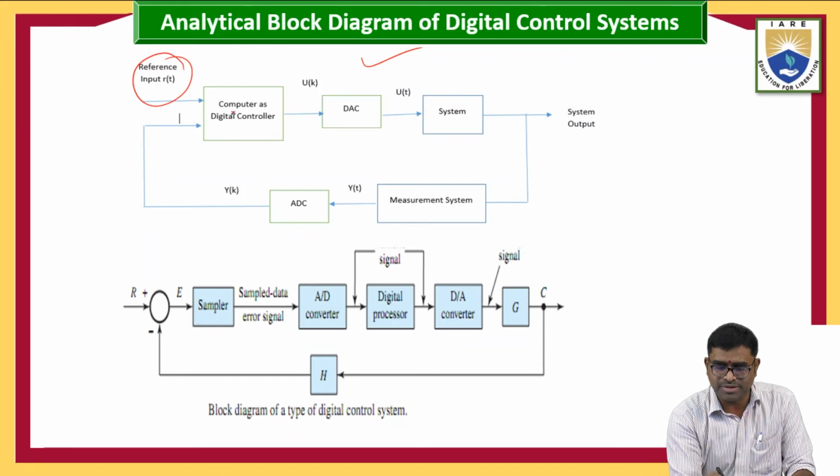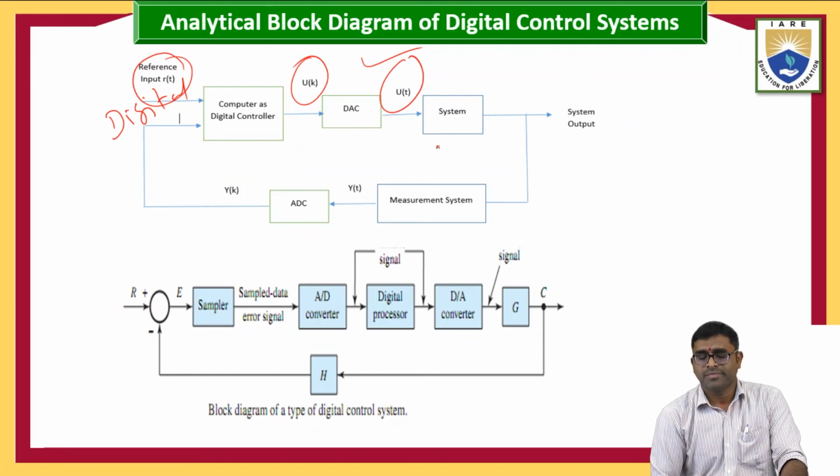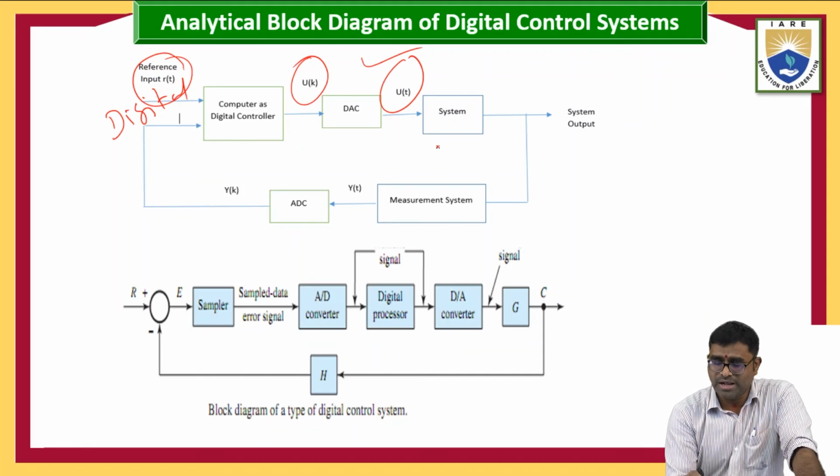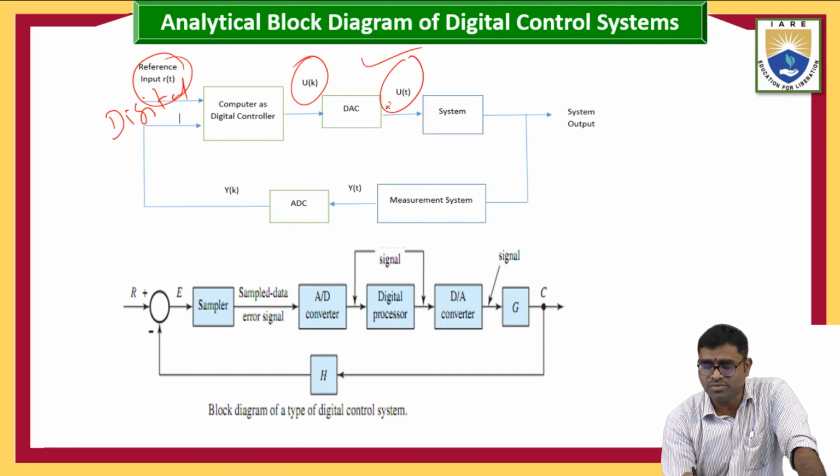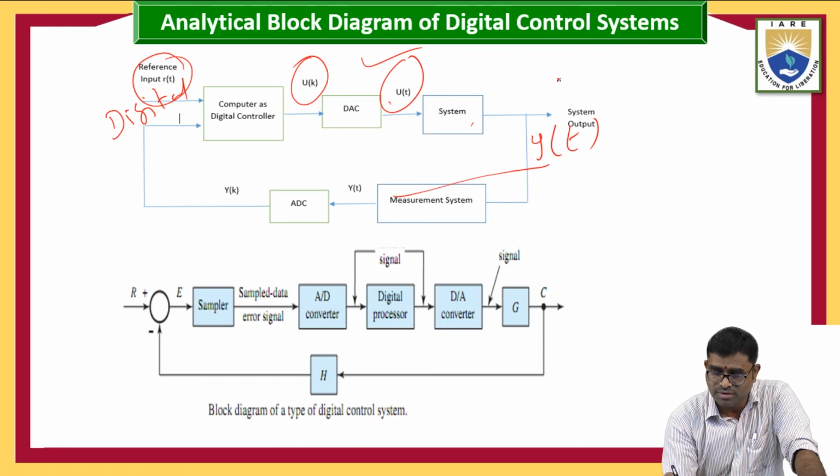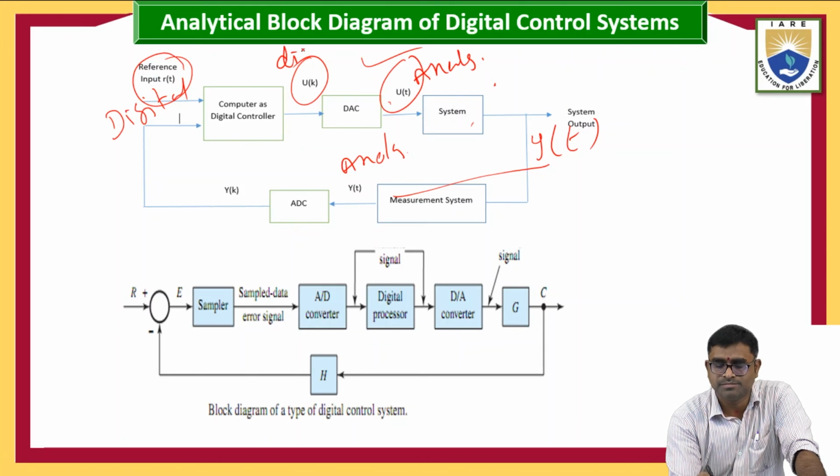The input R of t is given to the digital form. The digital form is converted into U of t, some amplitude, the analog form. That U of t is given to the system. The system feedback is the output Y of t. This is analog form, and this is digital form.